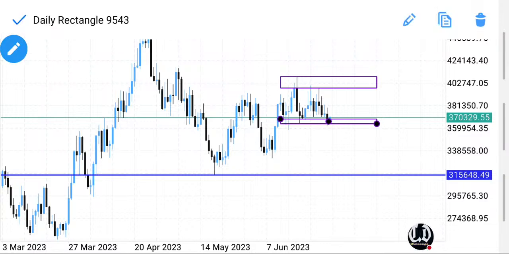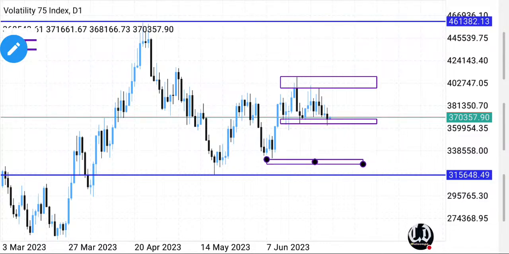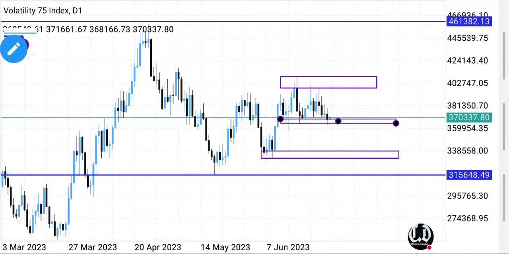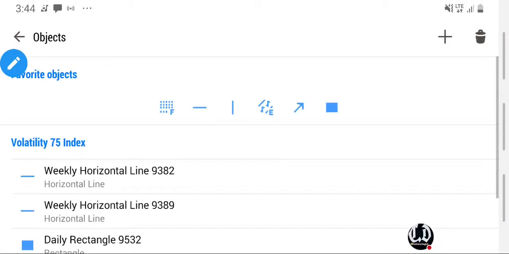We duplicate this also like this. These are the structures we have in a daily right now. This is what is going on in the market.